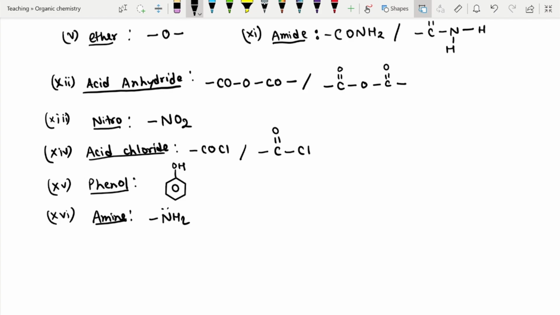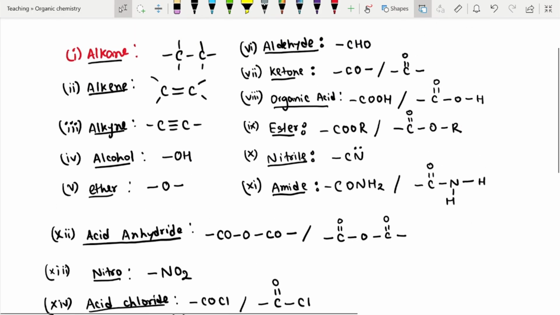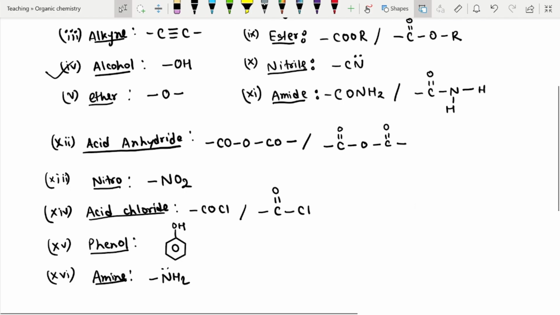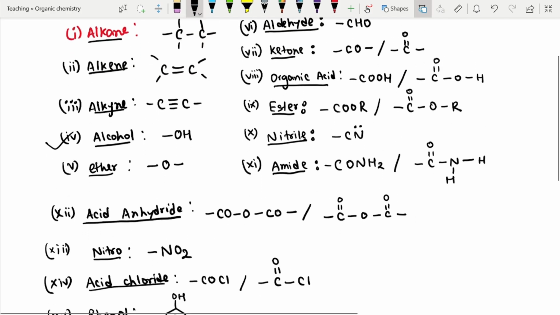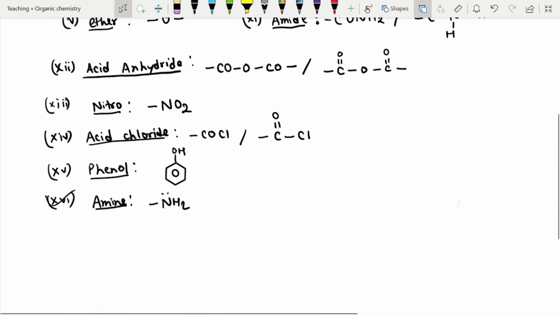Amine also shows three different patterns. Now I will discuss alcohol and amine in detail. Okay, so these are all of the functional groups for now.